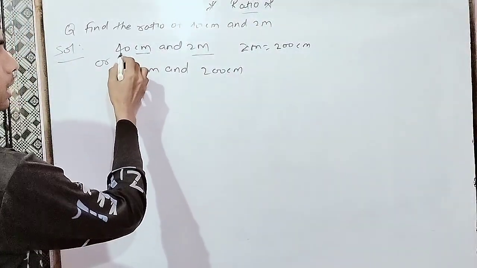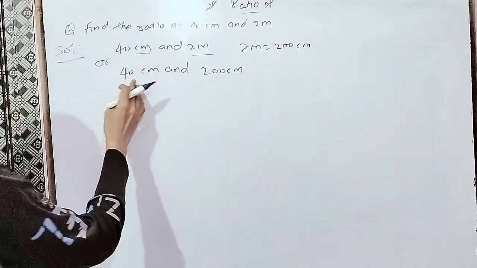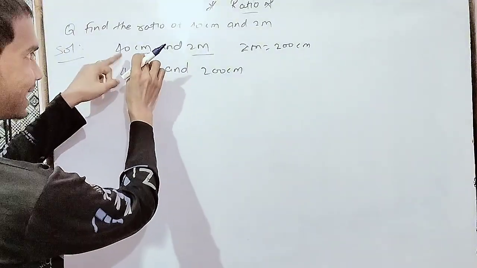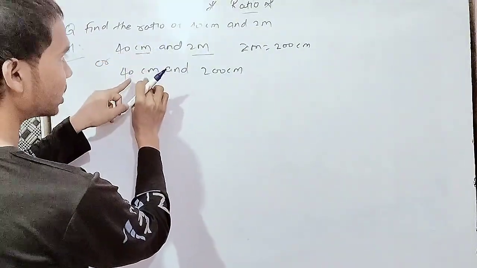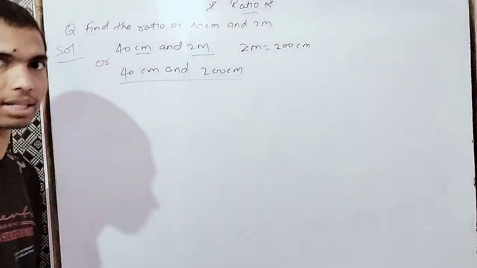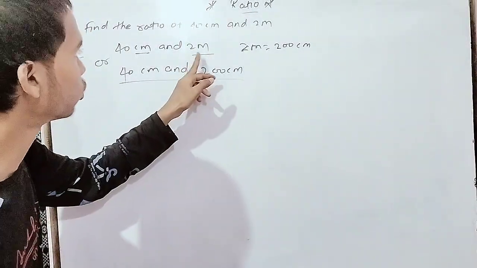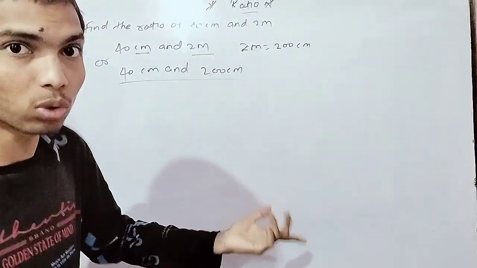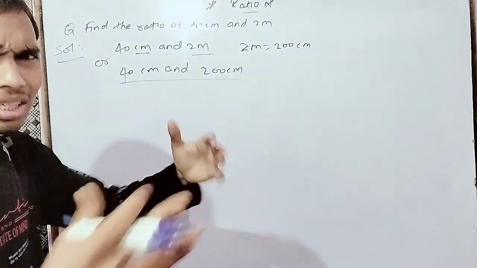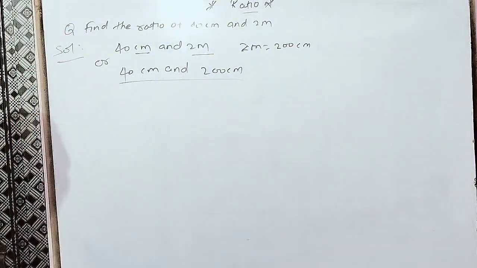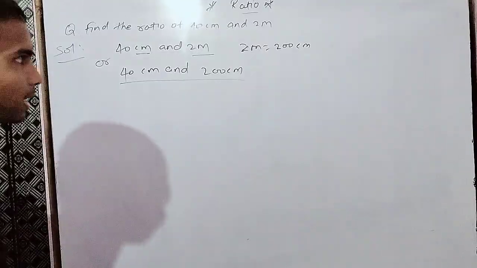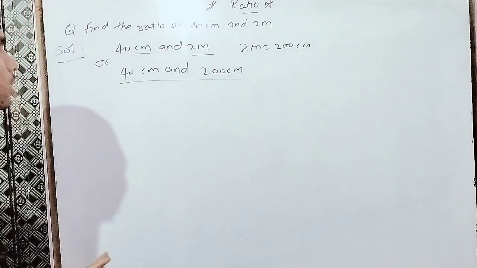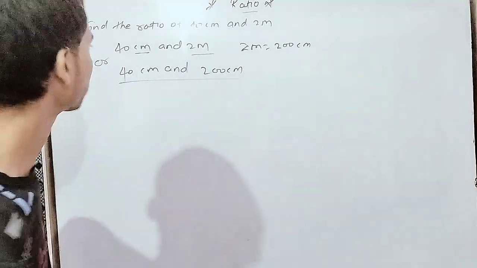Here this was given, and here we wrote it in this style, where 2 meter is 200 centimeter. So 2 meter is equal to 200 centimeter. Now you are clear that our statement is the same.